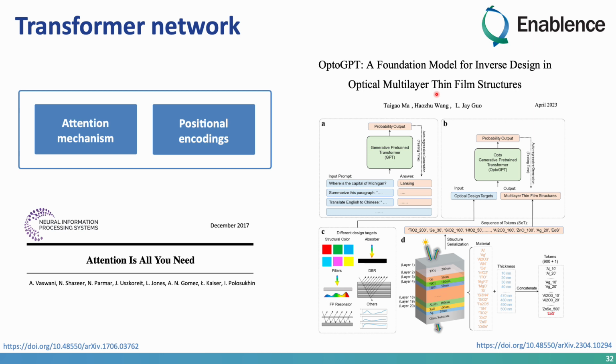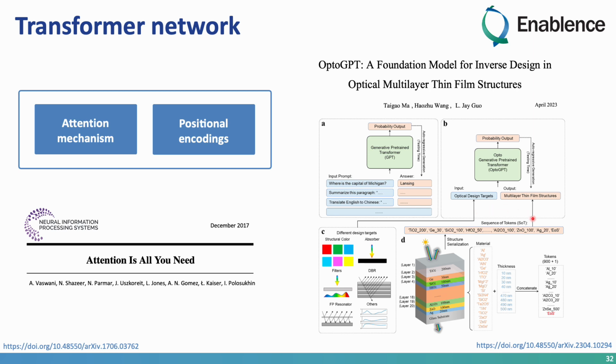Similarly to ChatGPT, which generates its outputs autoregressively, meaning one step at a time in a sequential manner while taking into account the previously generated tokens, their OptoGPT model generates multi-layered structures layer by layer in an autoregressive way. The inputs to the model consist of optical targets that are formulated as reflection and transmission spectra.